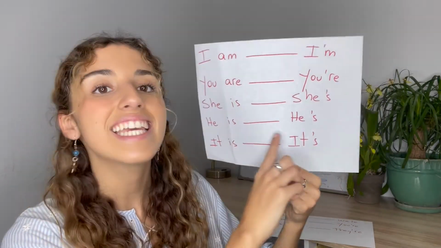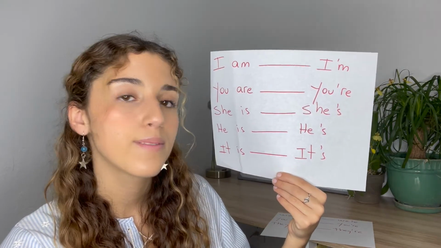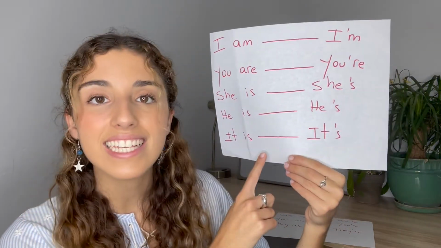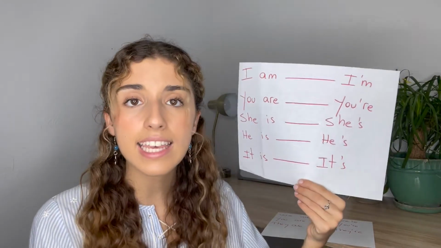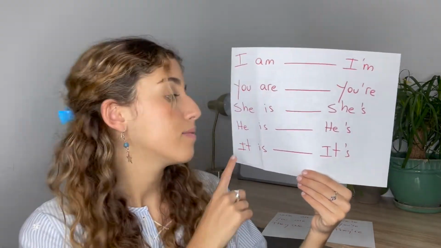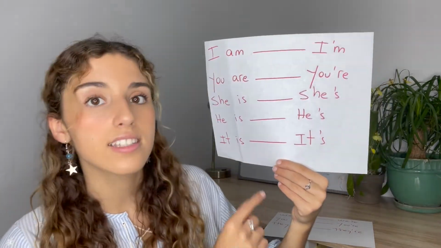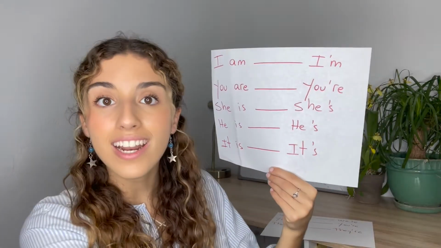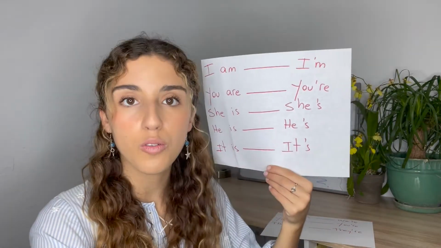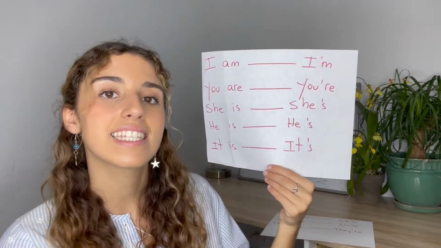He is, he's. It is, you're talking about a place, an object, a thing. So I could say, it is rainy. It is hot. It is over there. So the object is over there. So it is, it's.